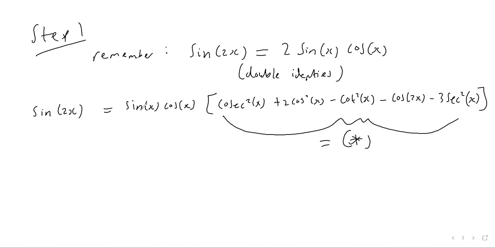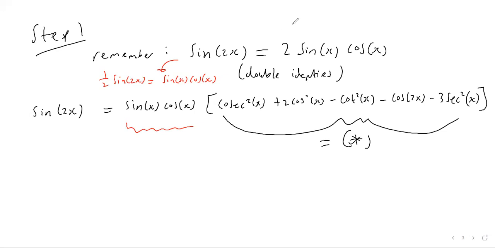What I also notice is that you've got sine x cos x here. So if we divide this equation by 2 on both sides, you get half sine 2x is equal to sine x cos x. So this must be equal to a half of sine 2x.